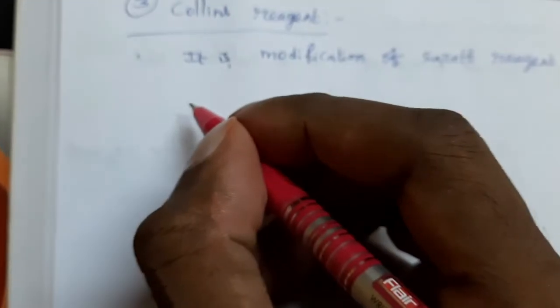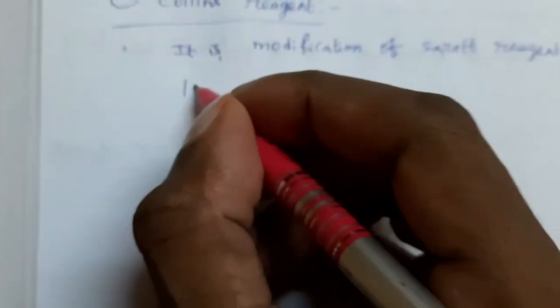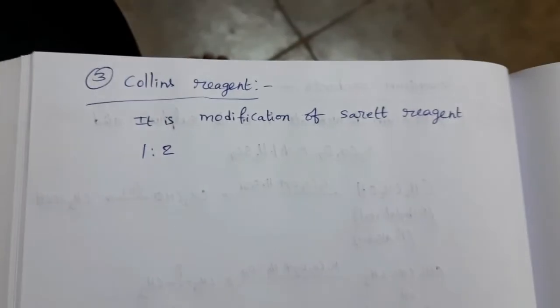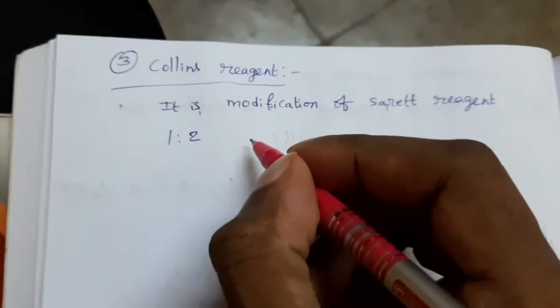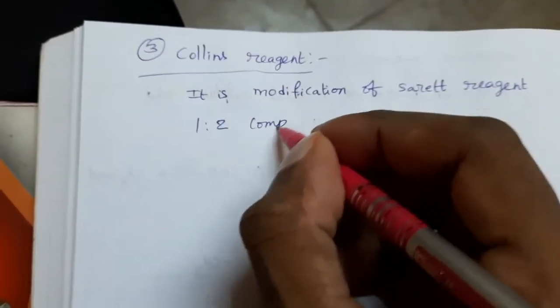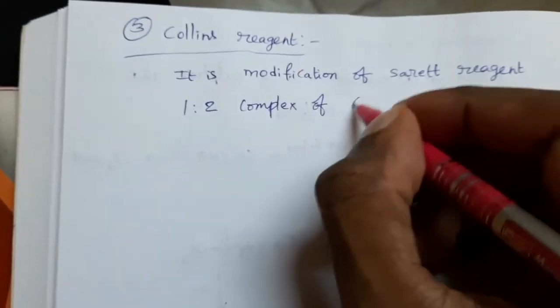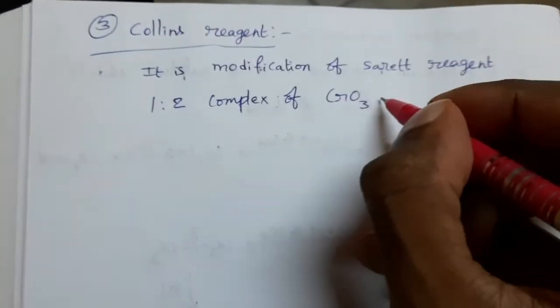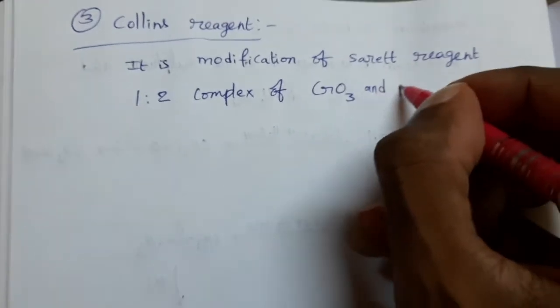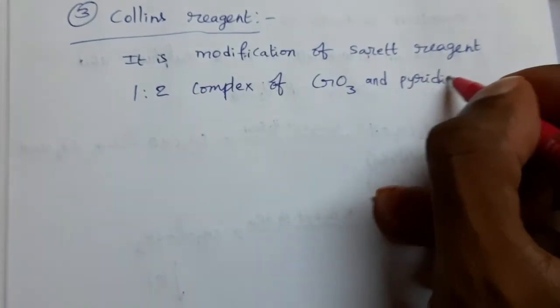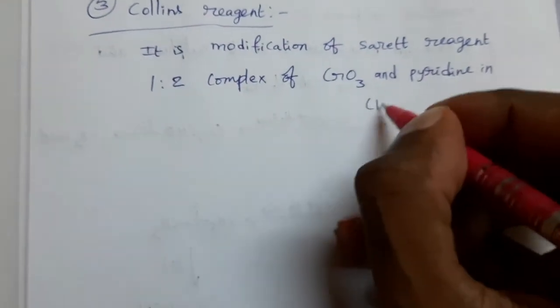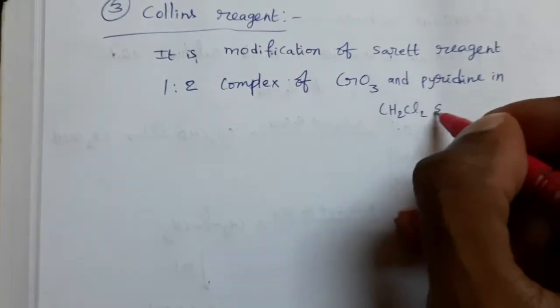So here, in Collins reagent, 1:2 complex of CrO3, chromium trioxide, and pyridine in CH2Cl2 solvent.